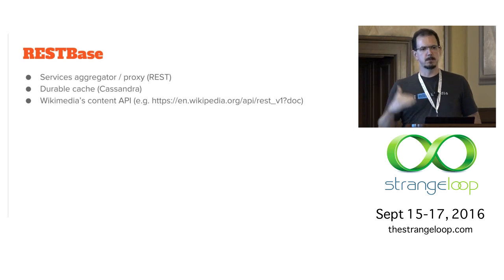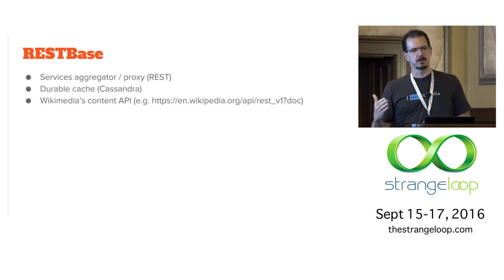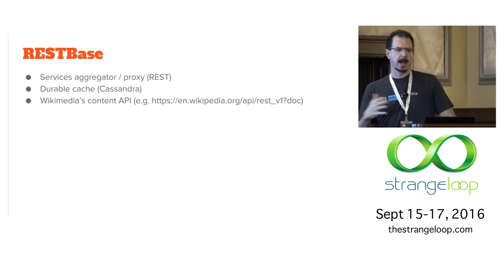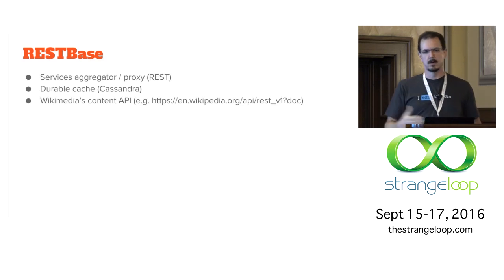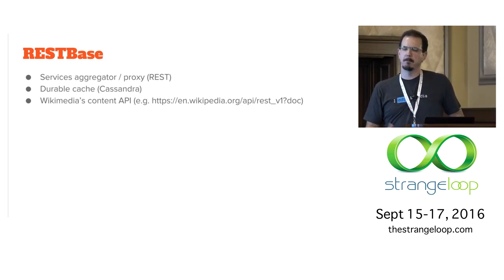So we place these behind RESTBase. RESTBase is another service from Wikimedia. We use it kind of in place of service discovery. We use it to aggregate microservices. It produces an API which is composable, in the result of an arbitrary number of backend requests and responses, and transformed. It's very flexible.